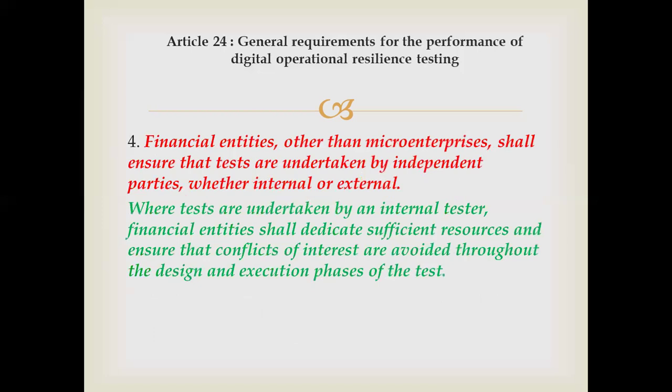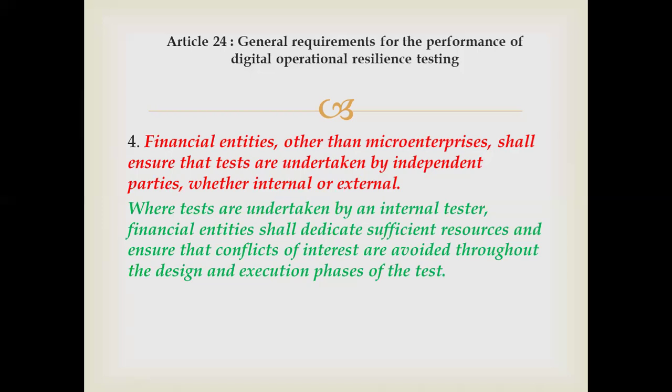Paragraph 4 of Article 24 says financial entities other than micro enterprises shall ensure that tests are undertaken by independent parties, whether internal or external. This is very key, because without the independence of those testers, the reports will not be valid. So if you are using external testers, you need to be able to demonstrate that they are independent.